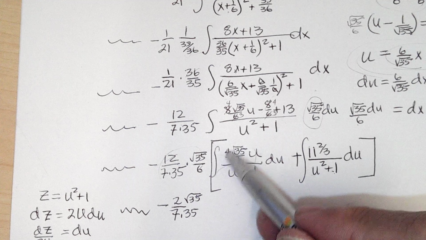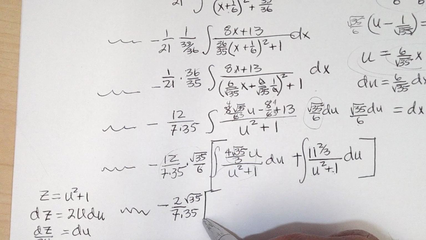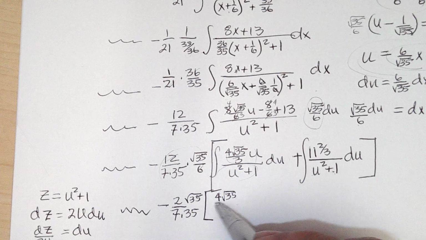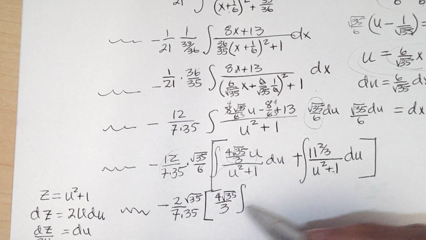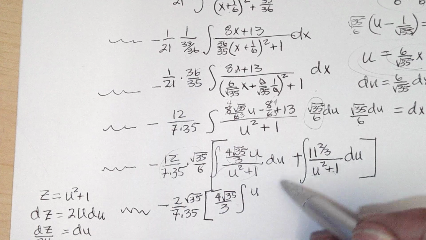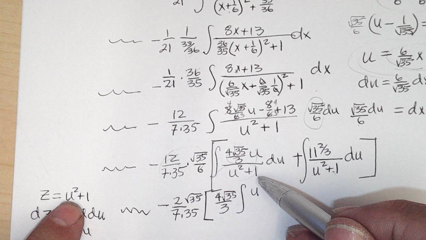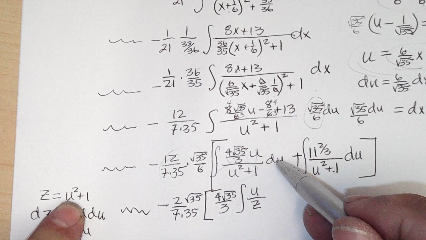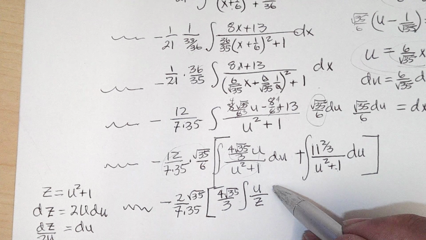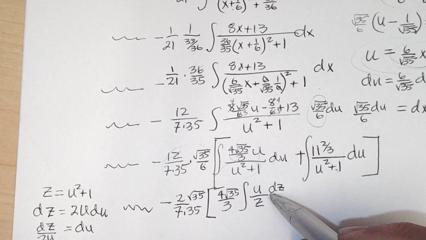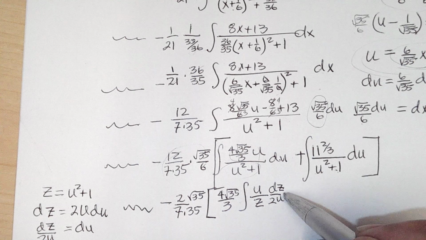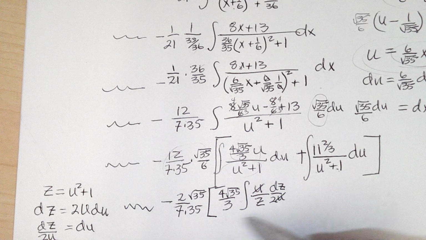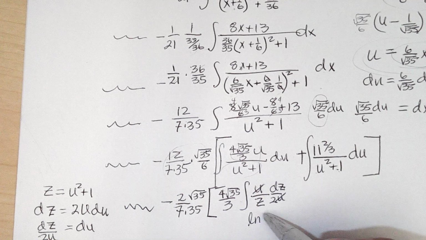And then this pulls out of this integral, 4 square root 35 over 3 integral u over z. du is dz over 2u. The u's cancel, so I get ln z.